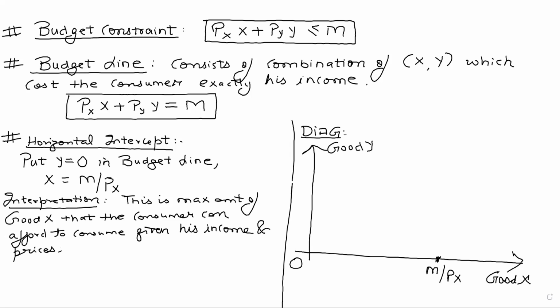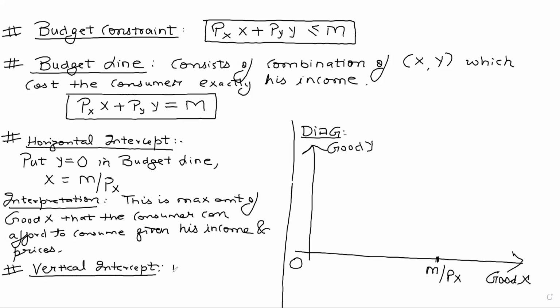Now let's work out the vertical intercept, guys. Let's see what it comes out as. So if I quickly write the vertical intercept, how will the vertical intercept look like? Let's calculate the vertical intercept. So how do we find the vertical intercept?